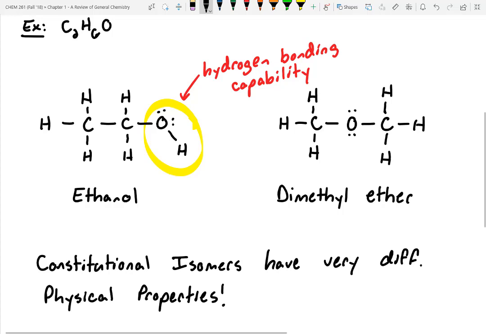Will they always have very different properties, or is there like an outlier? They will. Sometimes the differences are extreme. Other times they're subtle. It depends. We'll talk about that in more detail, but they have different melting points, boiling points, freezing points, things like that. So in this case, dimethyl ether is actually a gas where ethanol is a liquid.